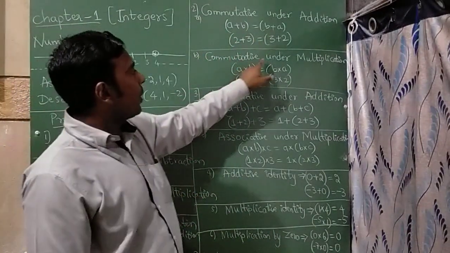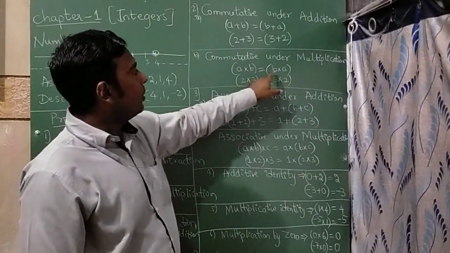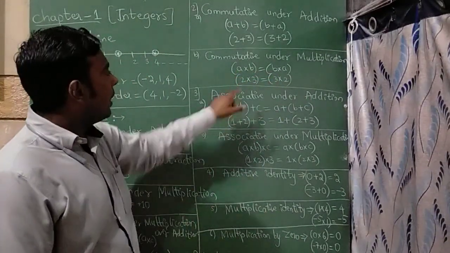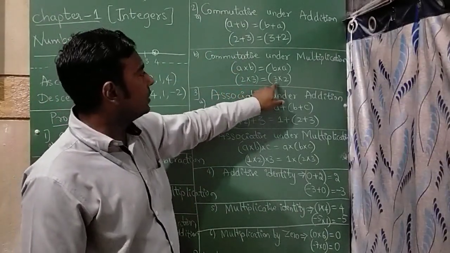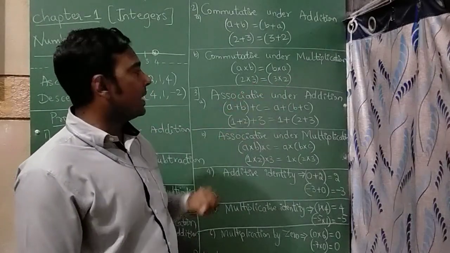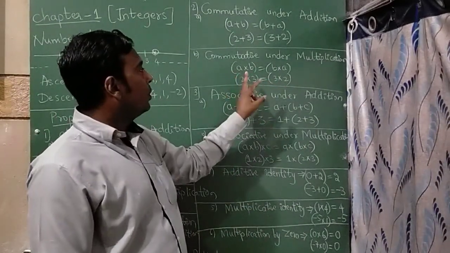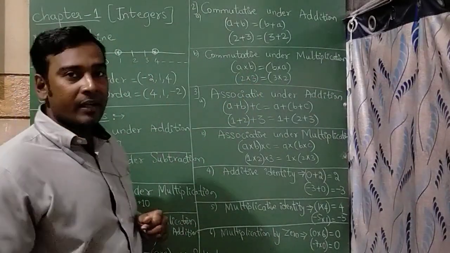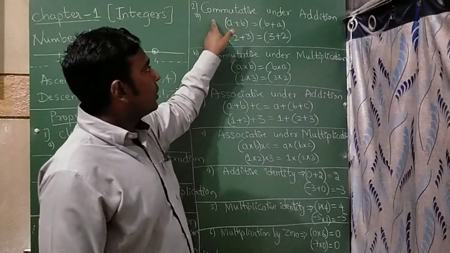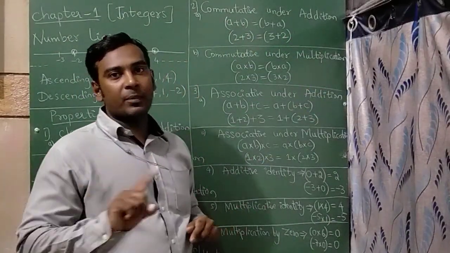Now commutative property under multiplication: a into b is equal to b into a. Now the same numbers I have taken. 2 into 3 is equal to 3 into 2. 2 3s are 6 and 3 2s are 6. It means if you reverse the order, the answer will not change. But remember one thing, in commutative property there is addition, multiplication but no subtraction.